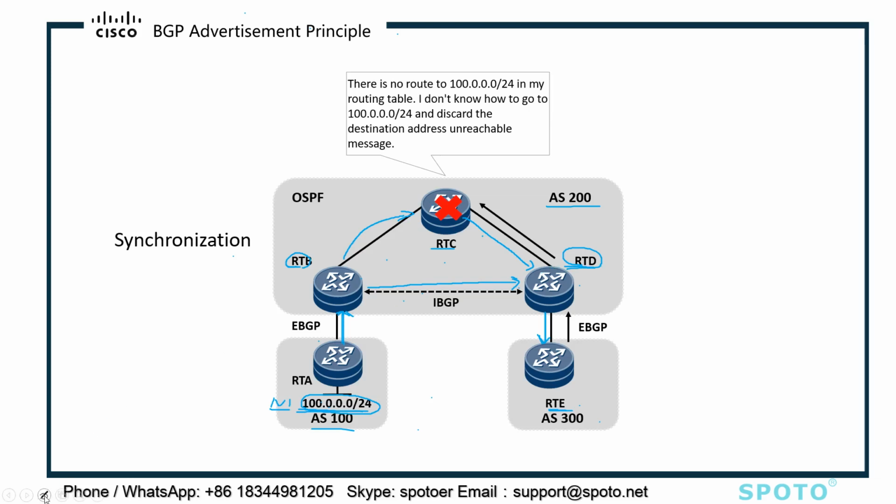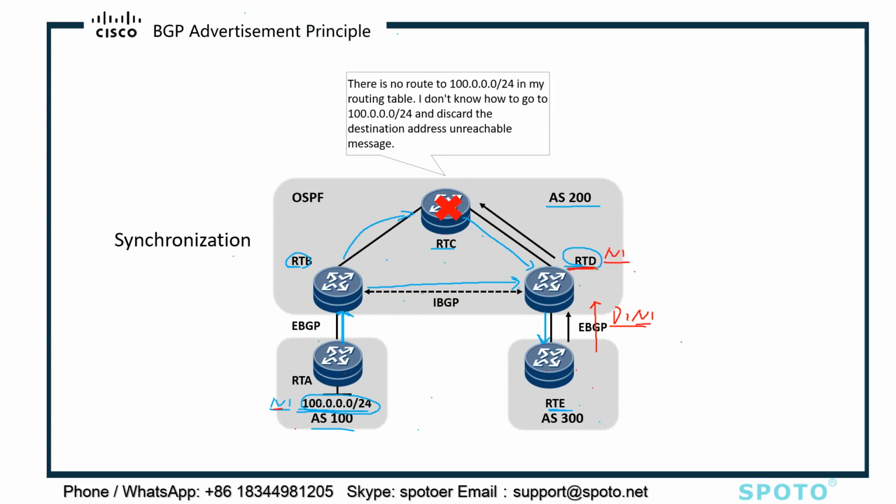But when RTE tries to send a packet to RTA, a problem will happen. RTE will send the packet to RTA, and the destination of this packet is network 1, 100.0.0.1. When RTD receives the packet, it will check the destination IP address and finds the destination is network 1.